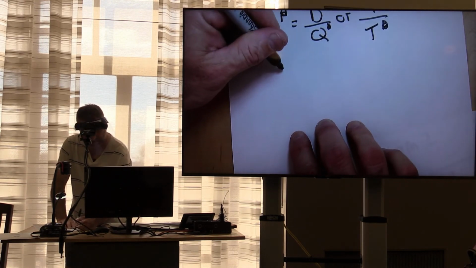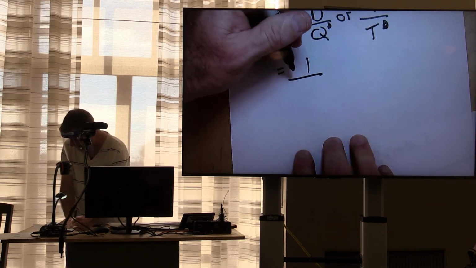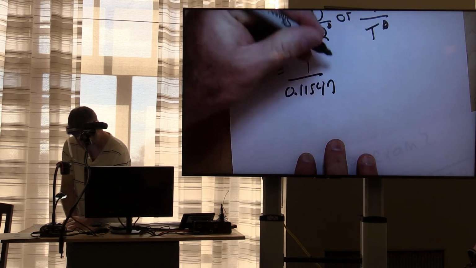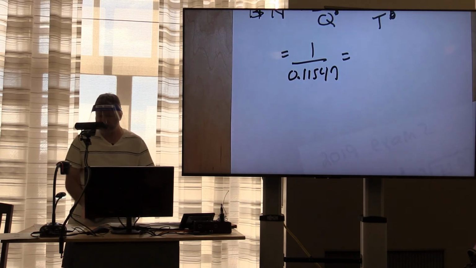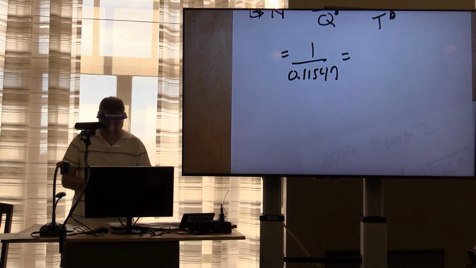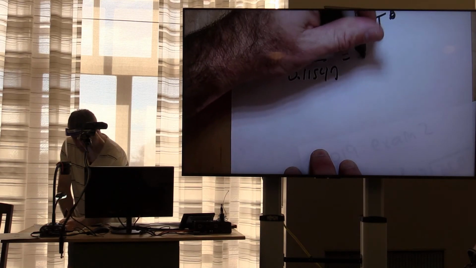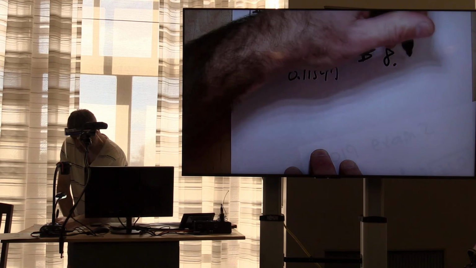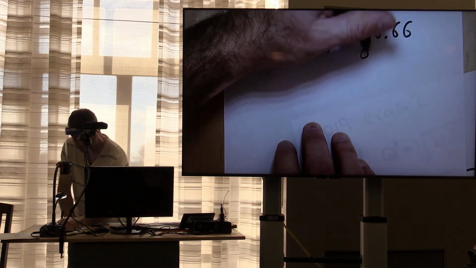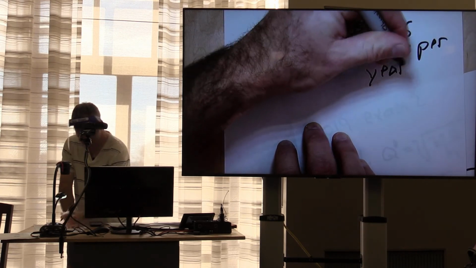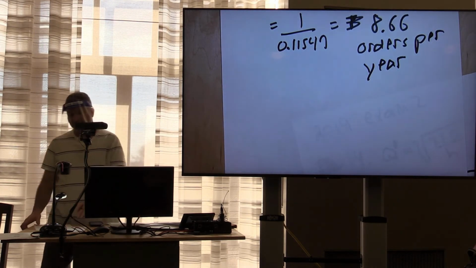I'll just use the latter. 1 divided by T star should be a little under 10. About 8.66 orders per year.